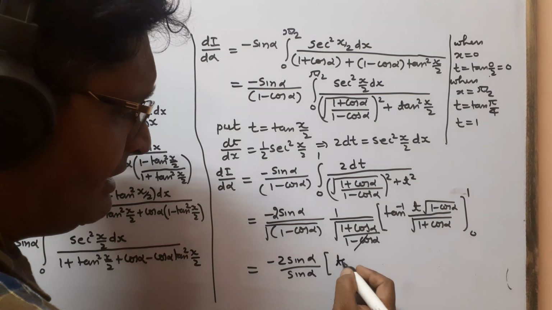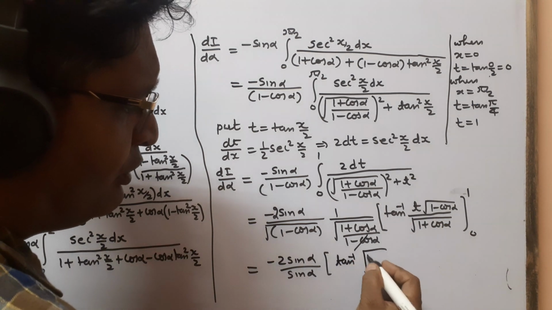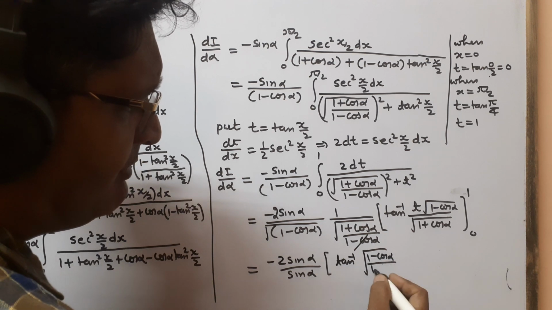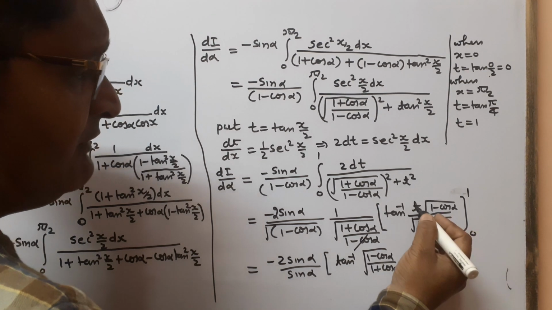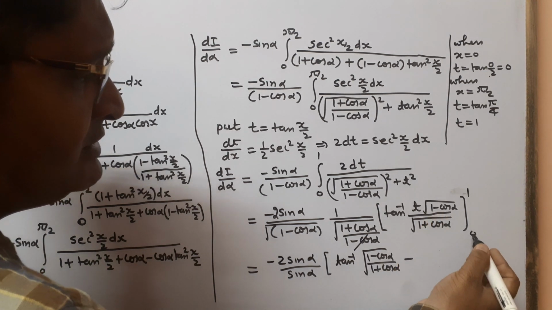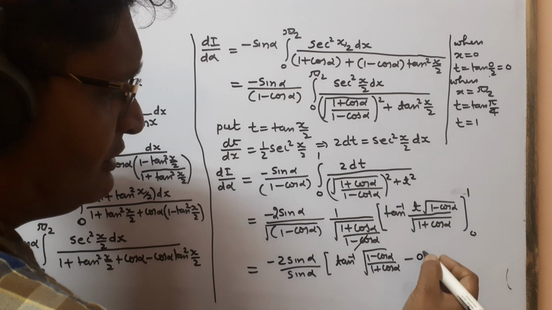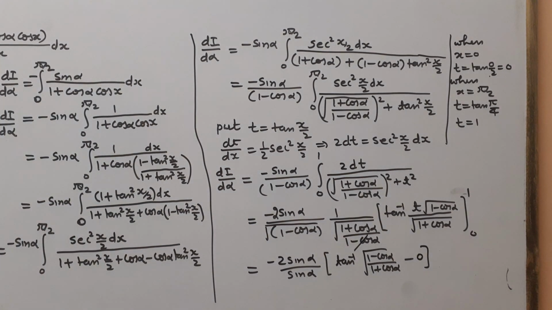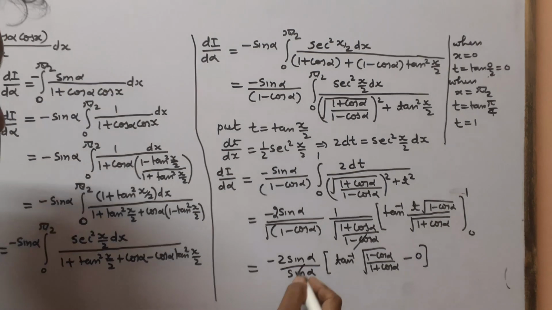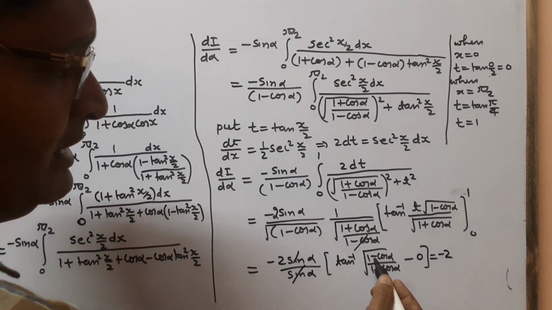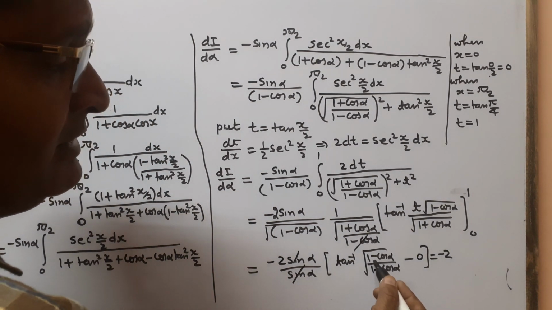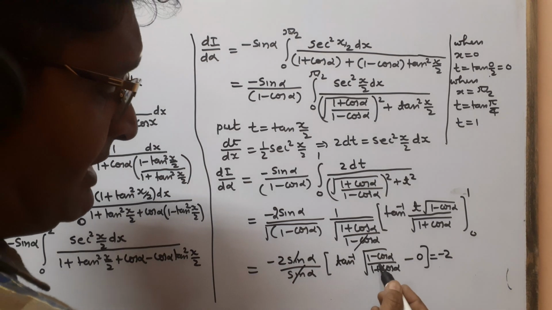So we get here tan inverse under root (1 minus cos alpha) divided by (1 plus cos alpha), minus, in place of t we put the lower limit, that is 0. So tan inverse 0 is 0 here. Now we know that this sin alpha cancels out, so this is minus 2, and here under root 1 minus cos alpha, this is 2 sin squared alpha by 2.